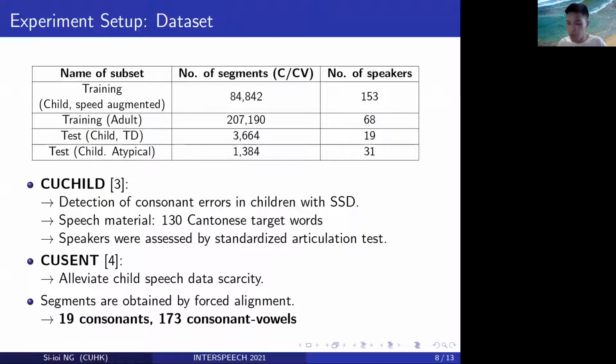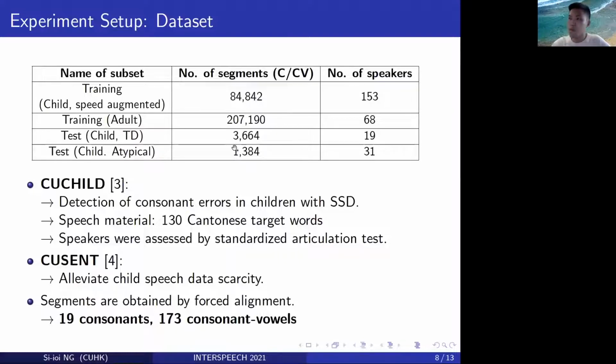All the child speakers in the dataset were assessed by a standardized articulation test, and the speech material includes 130 Cantonese target words. The second dataset used in the training is called Si-Ioi. It is an adult read speech corpus used to increase the data size for the neural network training.